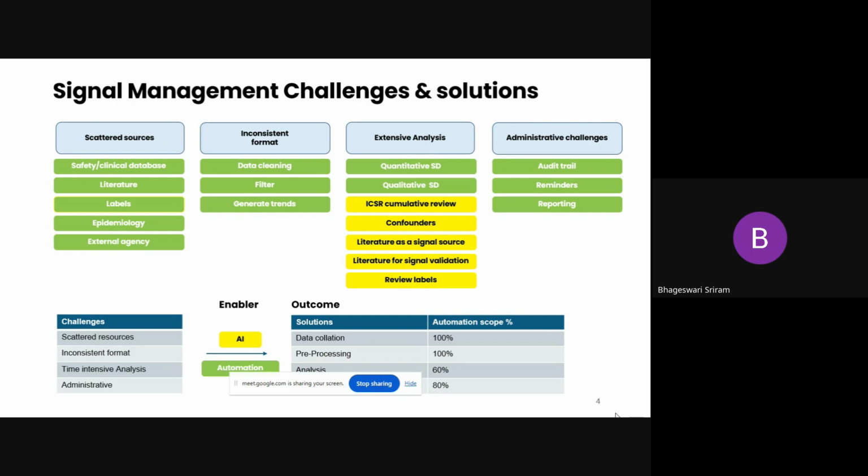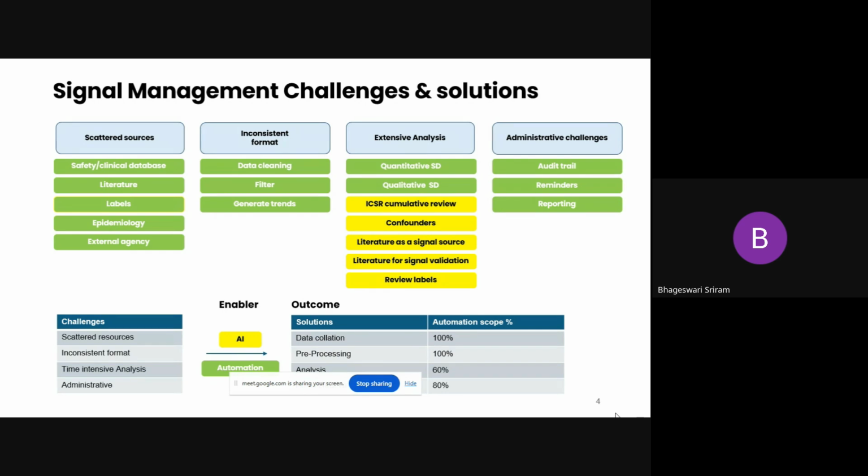We analyze literature as a source of signal as well, both for generating positive or negative correlation as evidence for our drug event pair. Again, label review: we have to check for listedness. And then we have the different reporting and regulatory obligations. So to summarize, we have to perform diverse analysis on diverse data from diverse sources and give the outputs in diverse formats.